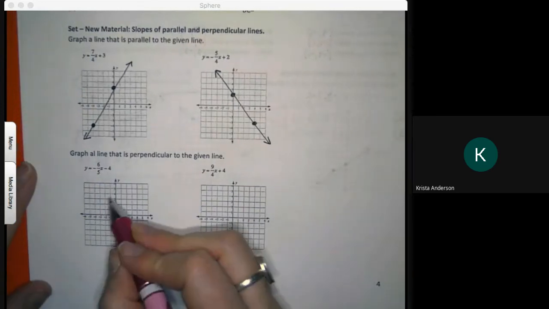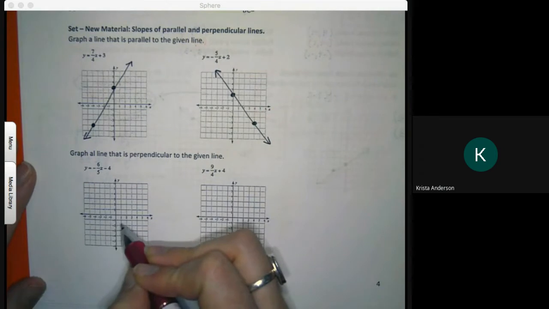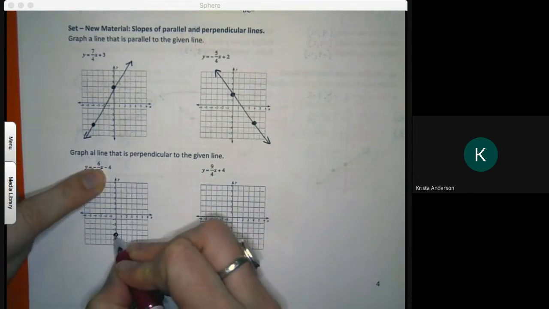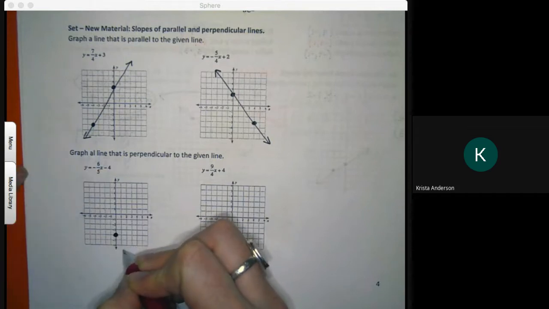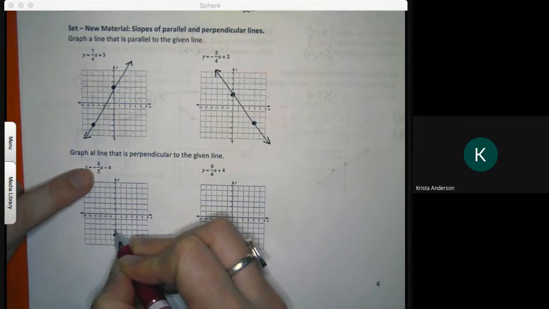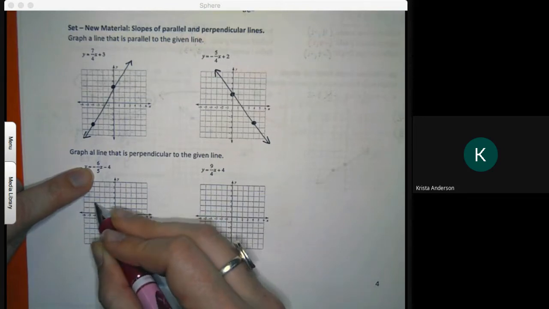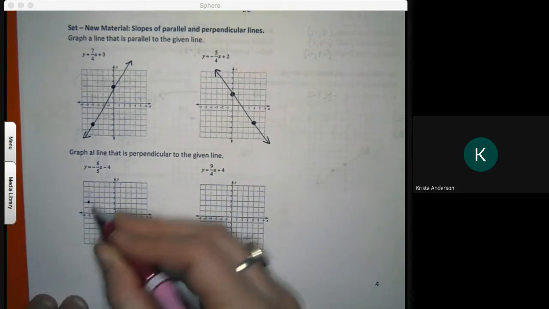On this graph on the bottom left, you need to put a dot on -4. Then place a dot on -5 up 2.